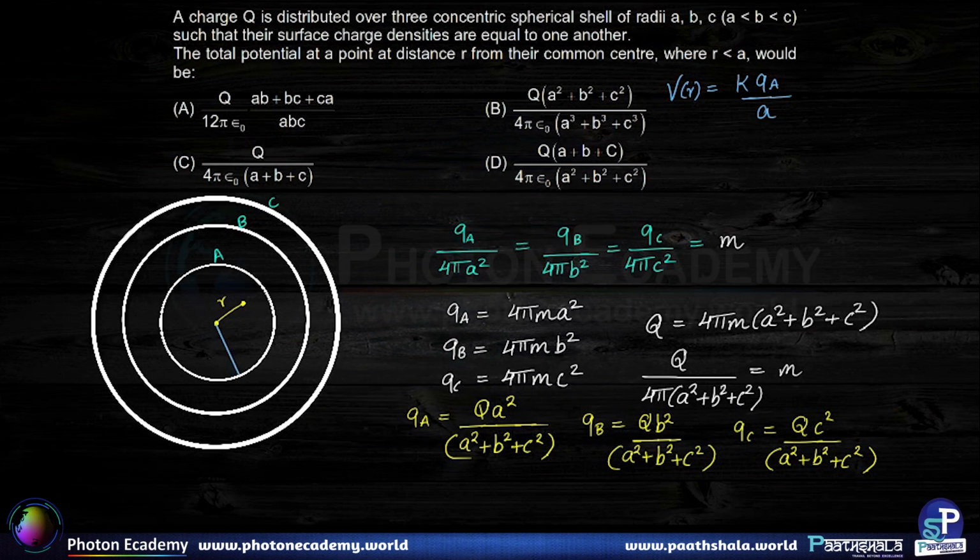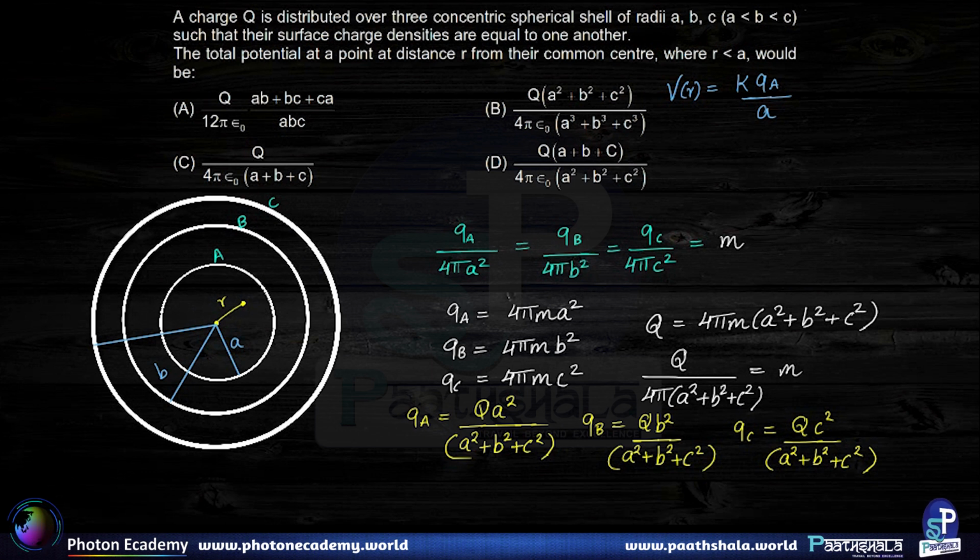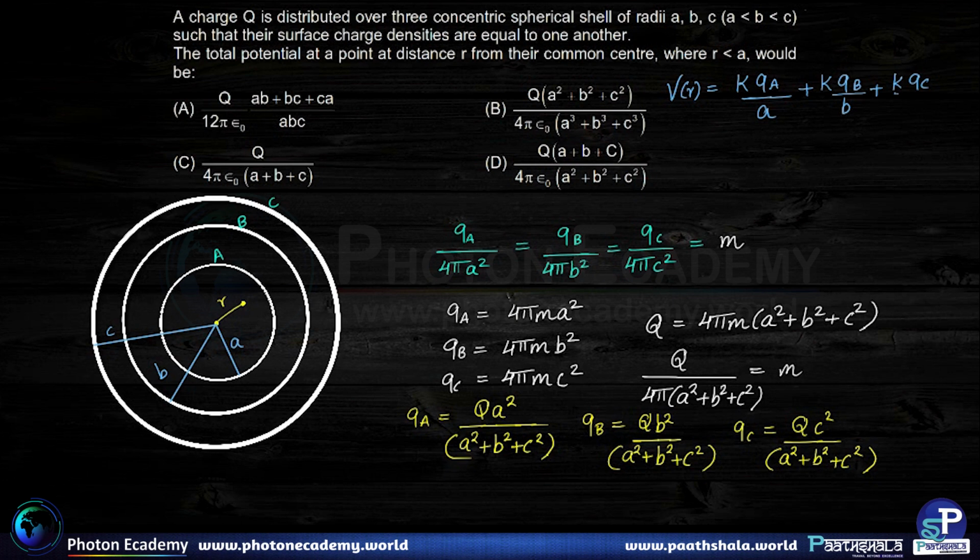Also this happens to be small b, and this happens to be small c. So we are going to get V(r) is equal to K Q_A upon a plus K Q_B upon b plus K Q_C upon c.